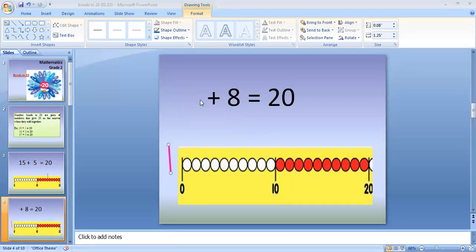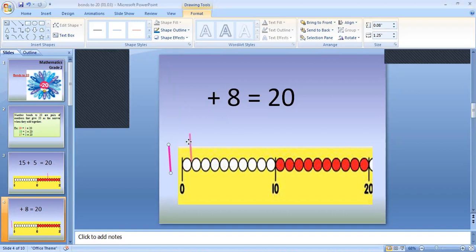Here I have a blank plus 8 is equal to 20. Being the answer is 20, I have taken 20 beads and now I am going to mark the 8th one on the beaded string to find the missing number, what we should add with 8 to make 20. Let's go. 1, 2, 3, 4, 5, 6, 7.